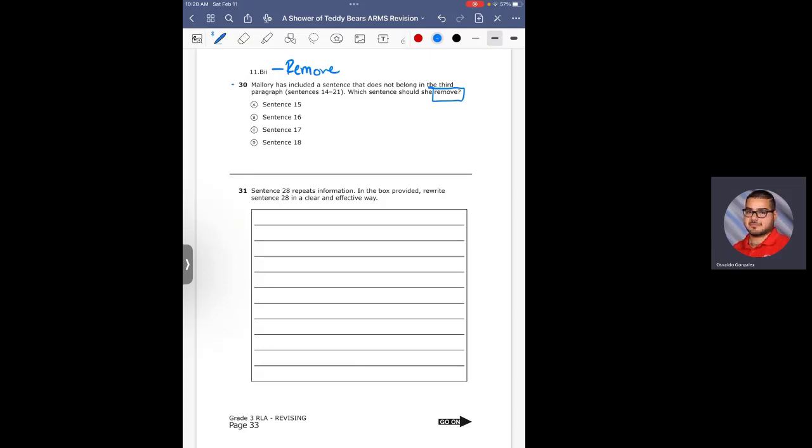Now, if we're using the A.R.M.S strategy, we're going to be using remove. Okay? And so when we need to remove a sentence, we need to make sure that the sentence does not go with our central idea. And it's already letting us know that it's in the 3rd paragraph. So we're going to go to paragraph 3.